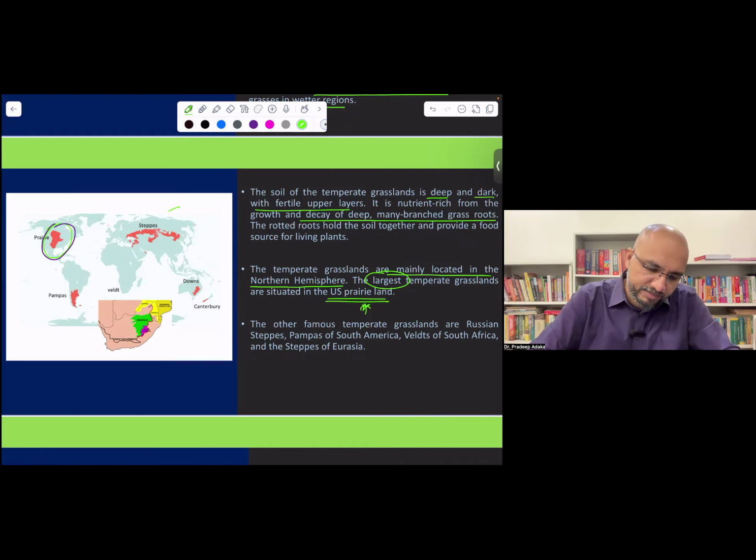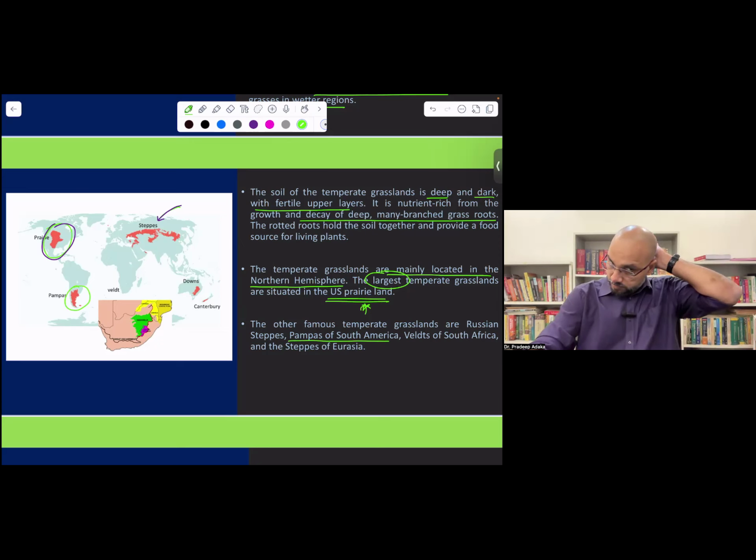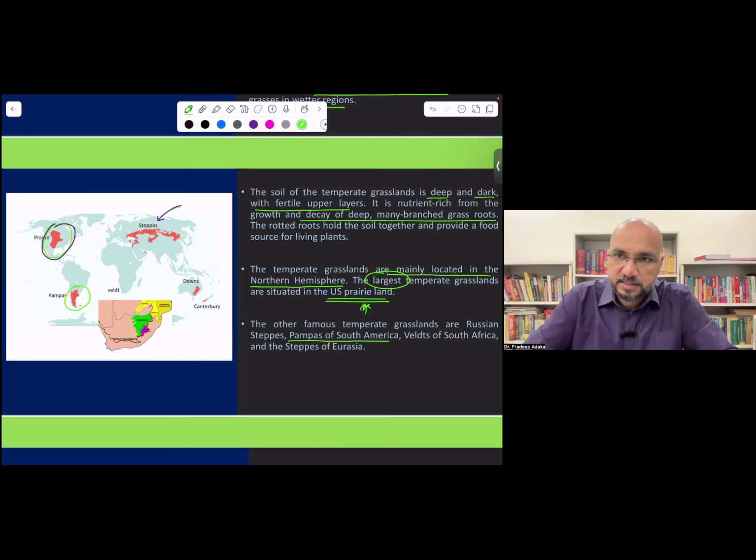They are known by different names. They are known as steppes in Russia, and pampas in South America, generally found in Argentina. Now, what about the tropical grasslands of South America? They are called llanos and campos.